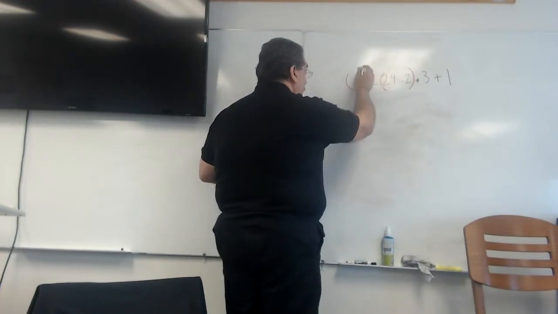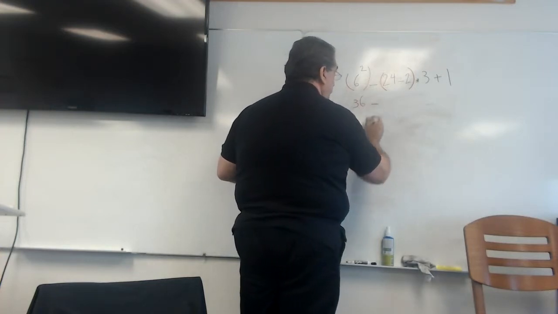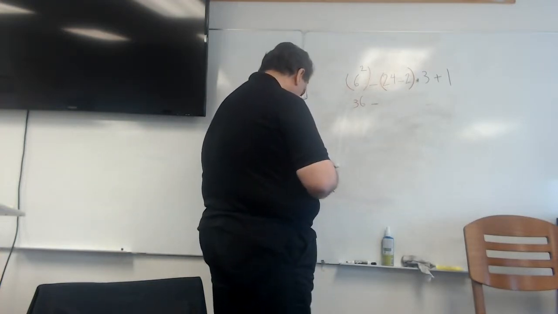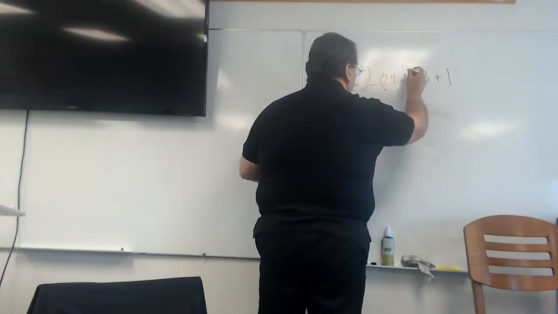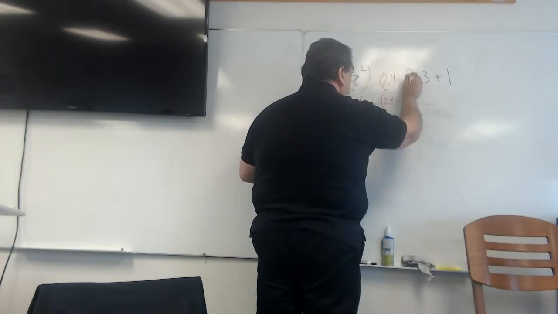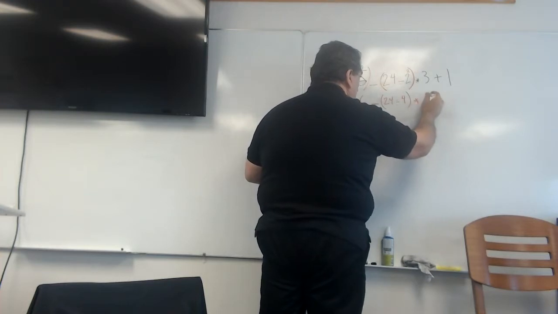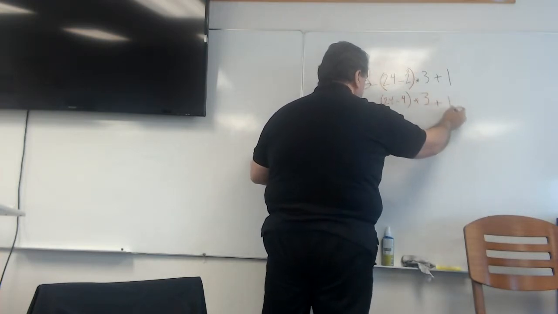So 6 to the power of 2 is 36 minus, actually that 2 had a small power of 2, so we have 24 divided by 2 to the power of 2, which is 4. Then the whole thing times 3 plus 1.